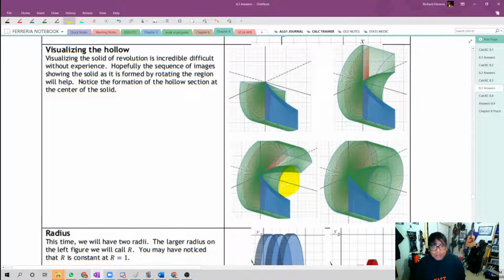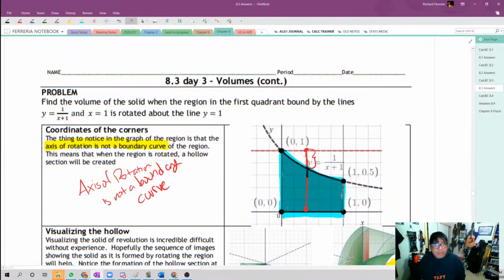We've got that hollow section right over here. So we already have our corners, (0, 1), (0, 0), (1, 0), and (1, 0.5). So that's going to give me my x minimum is 0, my x maximum is 1.